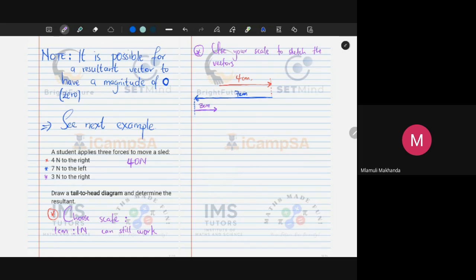Now, what do you do to find the resultant? From the tail of the first vector to the head of the last vector. So let's do it. Use your scale to sketch the vectors using a ruler.